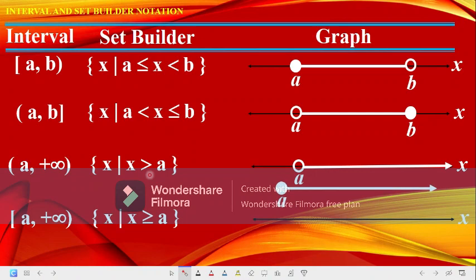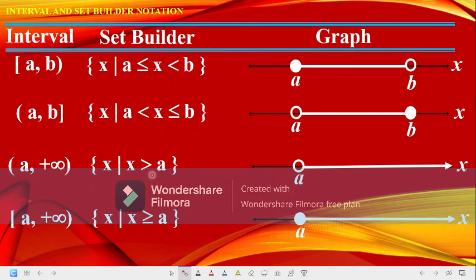If we have a graph like this one, it's already a solid circle, then the arrowhead is going to the right direction. Since it is a solid circle, we will be using the open square bracket, A, comma, positive infinity, the symbol for infinity.